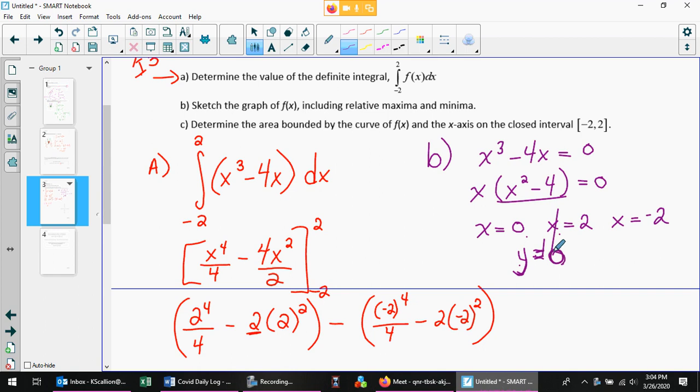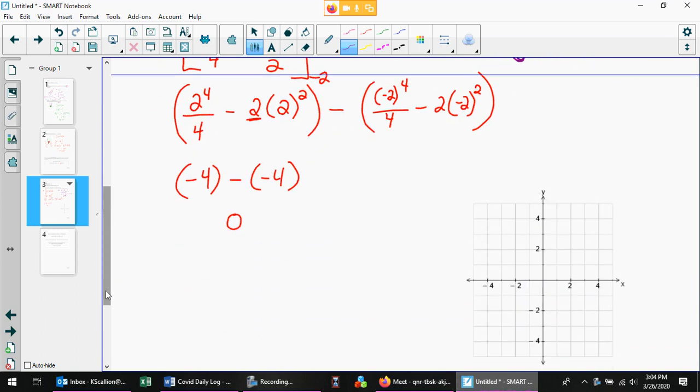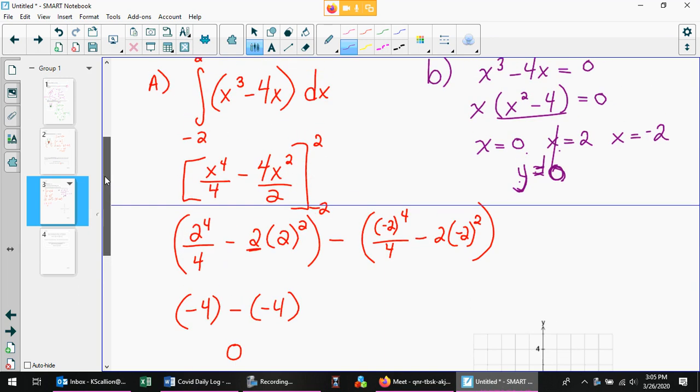All right. So here's the relative maxima and minima. End behavior for this one: it's a positive cubic function, so it's going to start in quadrant 1 and end in quadrant 3.